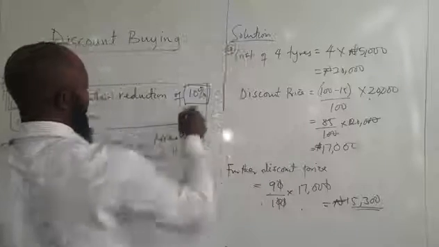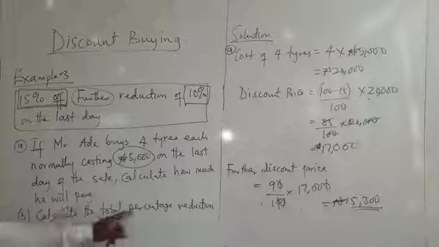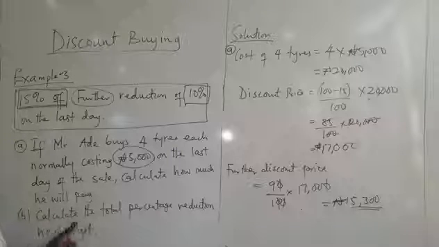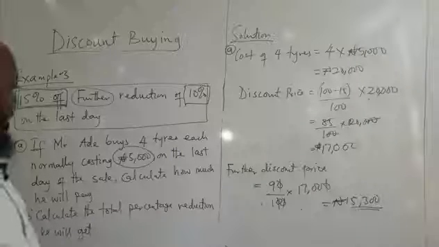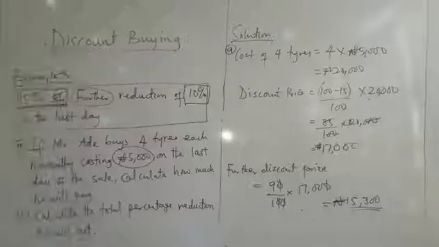Then for B, the question asks you to calculate the total percentage reduction you will get. Now this is what we're going to do. Let me do it here.